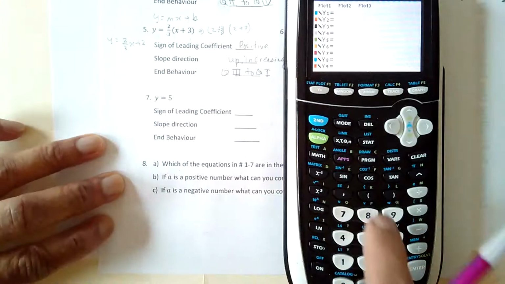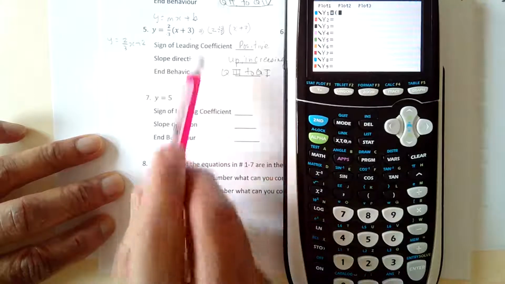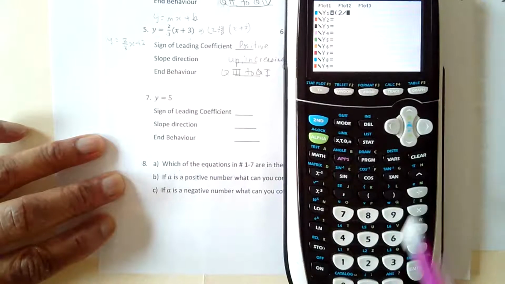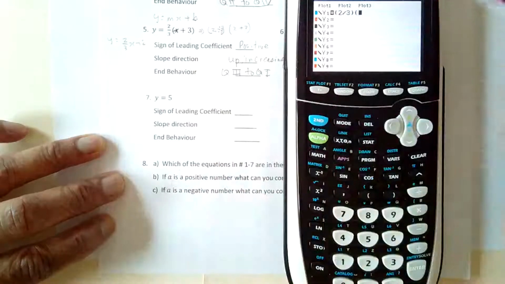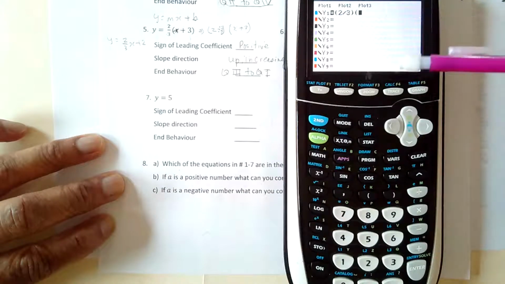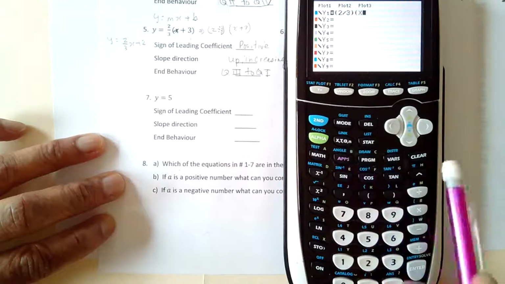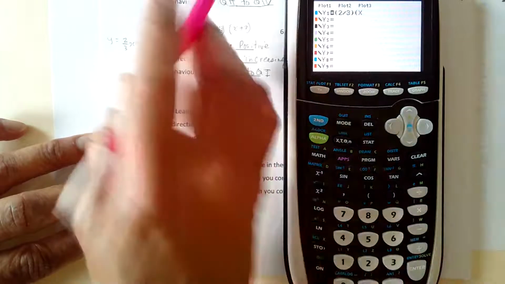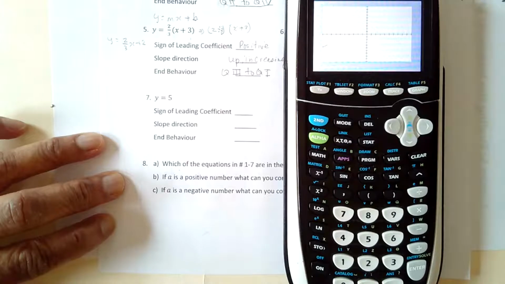So let's do that right now. Open bracket, so it's your bracket symbol here. 2 divided by 3, close bracket. Another open bracket now. It's not given in the question, but you have to make that change in your calculator. X plus 3, close bracket, and graph.